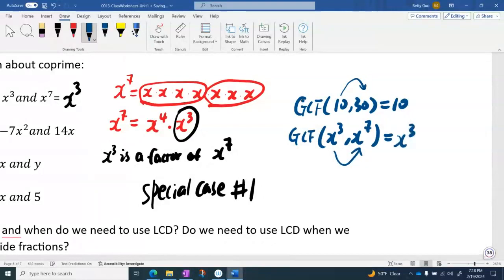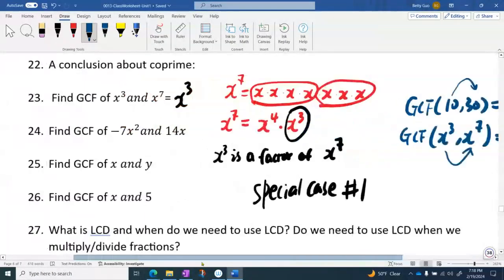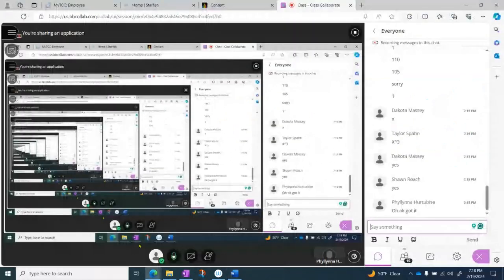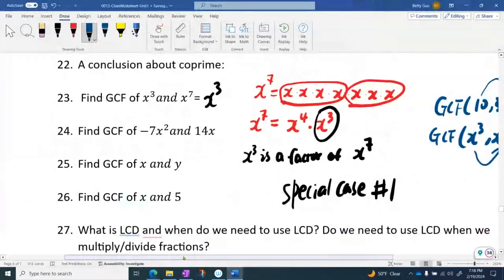That makes x cubed the GCF of both. Isn't that the same thing? Very good. Thank you. Next, number 24.